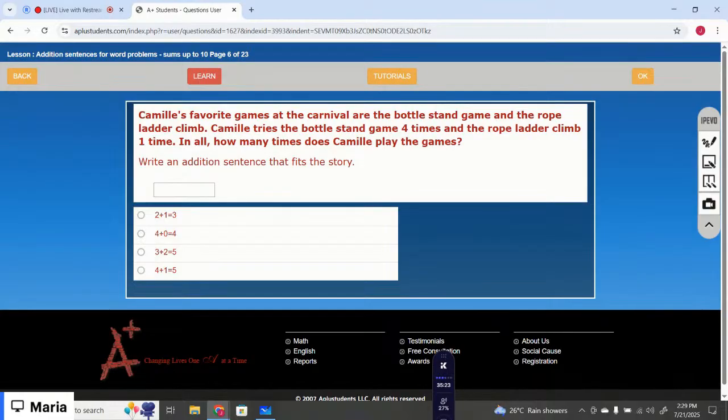That is 4 plus 1 equals 5. The last option is the correct option. Very good.